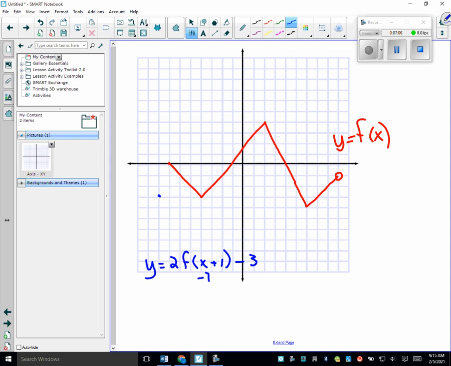It's just the down. So this is going to be left 1 and down 6, right? Yes.